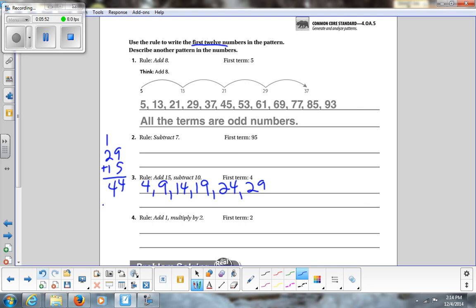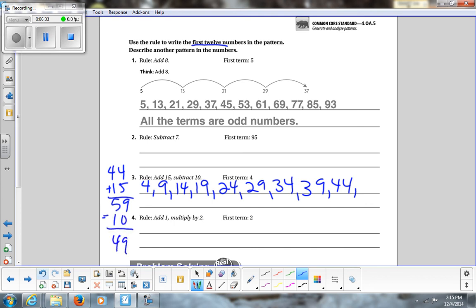Do you see a pattern emerging? Okay, a couple more. I bet the next one's 49. Oh, what do you know?